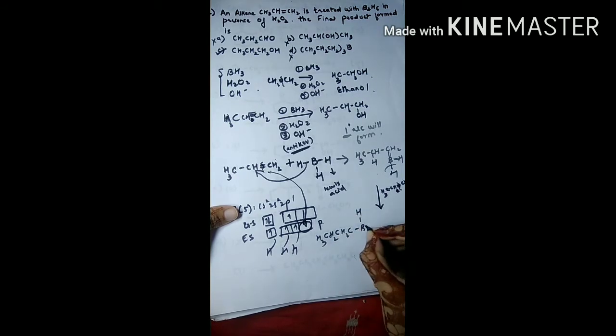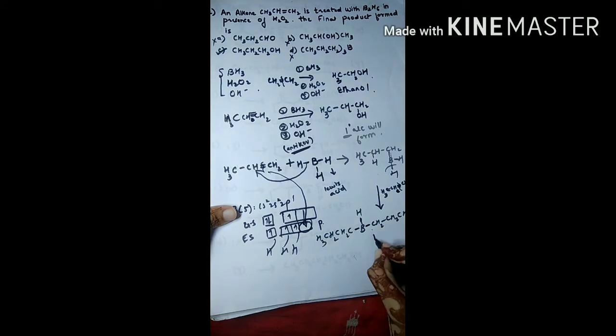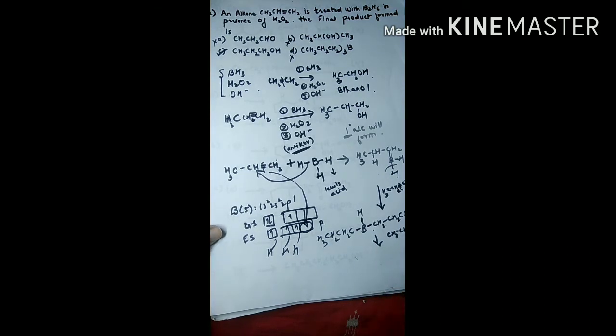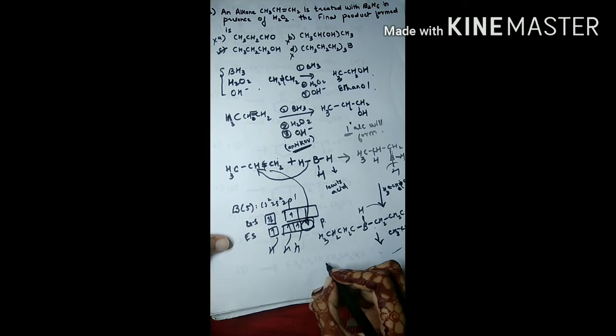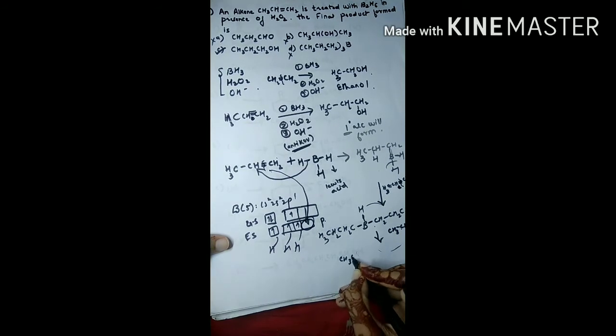One BH and then CH2, CH2, CH3. Now again the valency of boron is 3 and the p orbital is vacant and it's ready to take electrons from the pi bond. So again we require a propene, then the pi bond will break and the electron will move toward the vacant p orbital and gets attached to the chain.